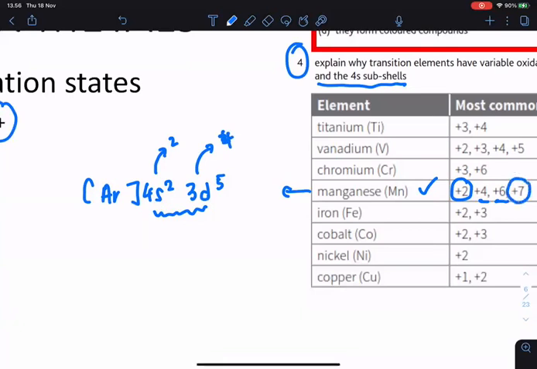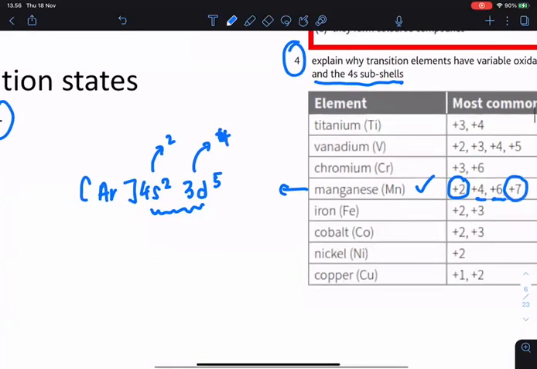Why cannot +8? Why cannot +9? The reason is you remove 2 and then you can remove a maximum of 5. That is going to be total 7. If you want to remove the 8th electron, you are going to remove from the inner shell, where the energy level is much higher, and you are not able to remove the electrons.